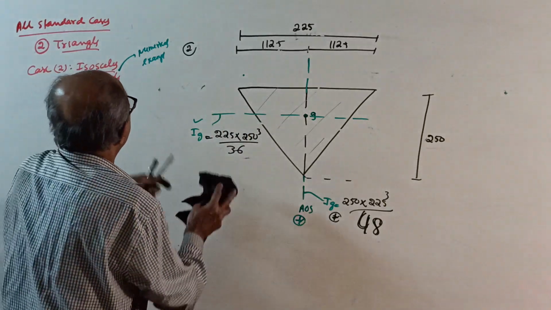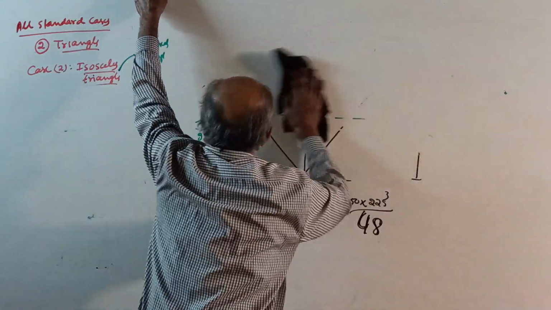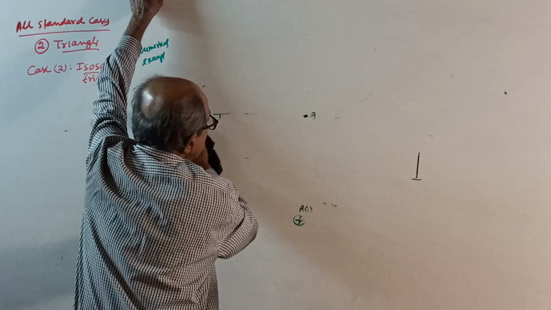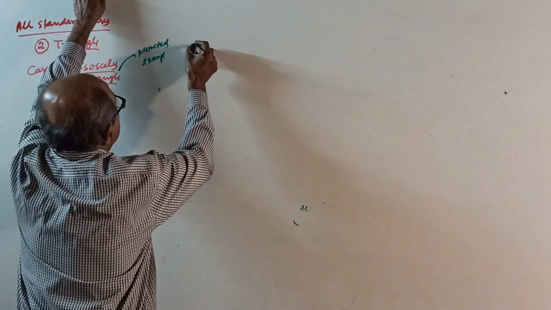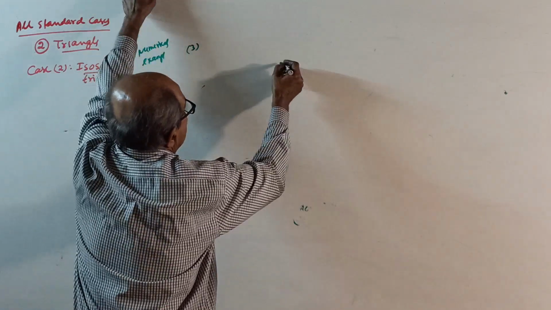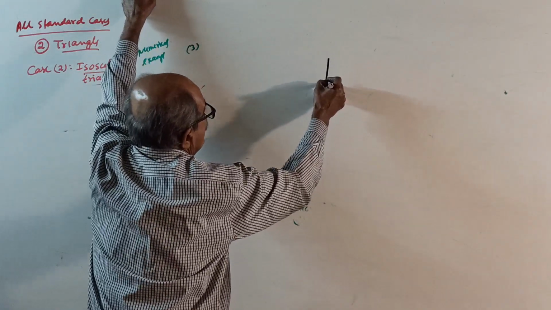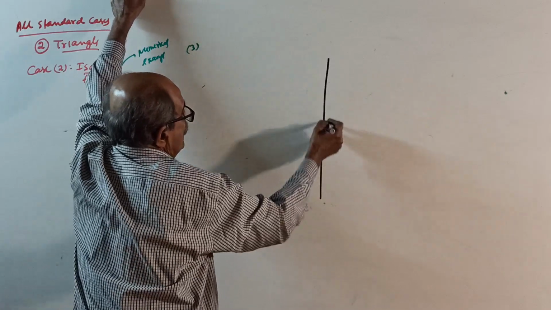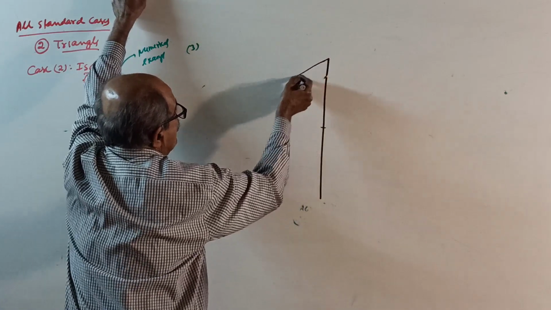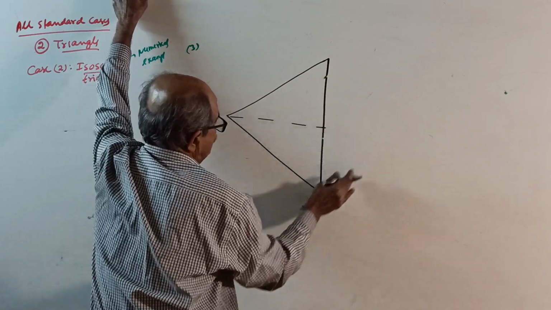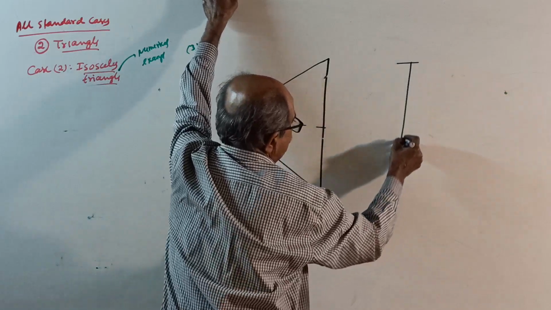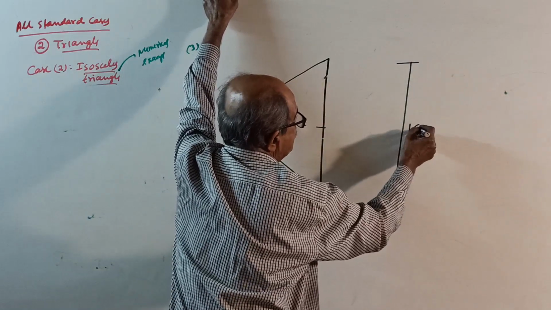Example number 3. See, I am covering each and everything, so nothing is left out. See, imagine this given, this base is 160.